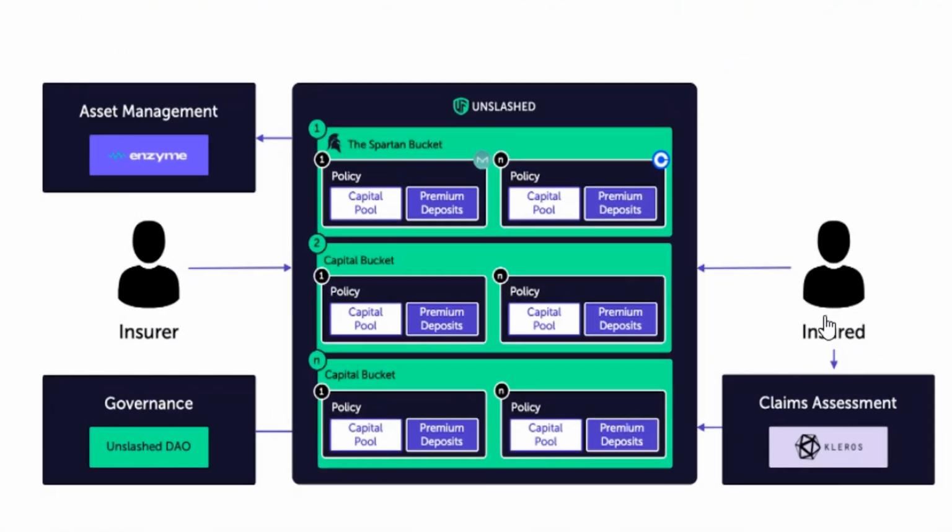Now, if the insured does have a problem somewhere down the road, then he will post a claim. And the claim doesn't get handled by Unslashed themselves. The Unslashed protocol passes the claim to a third party called the Kleros courts. The Kleros courts are the ones that decide whether or not this insured person's claim is valid.